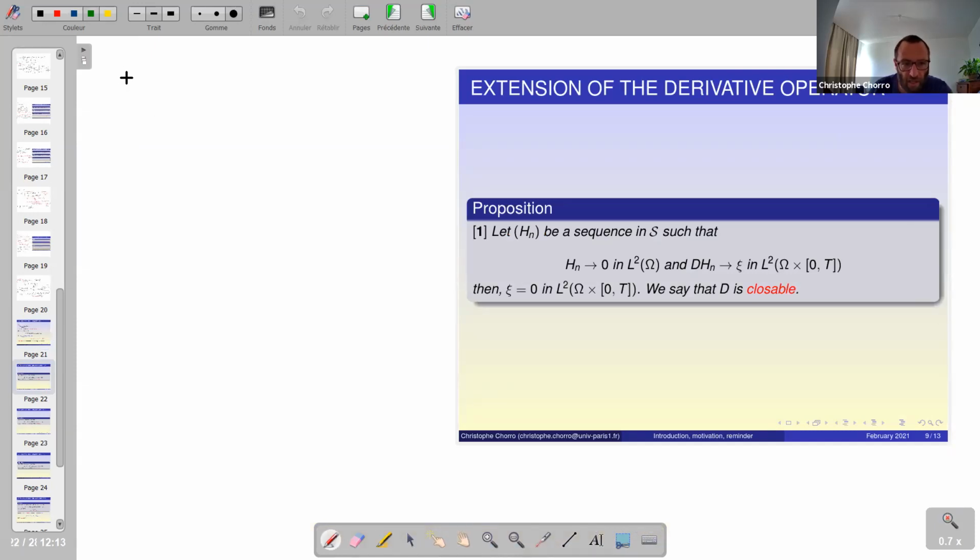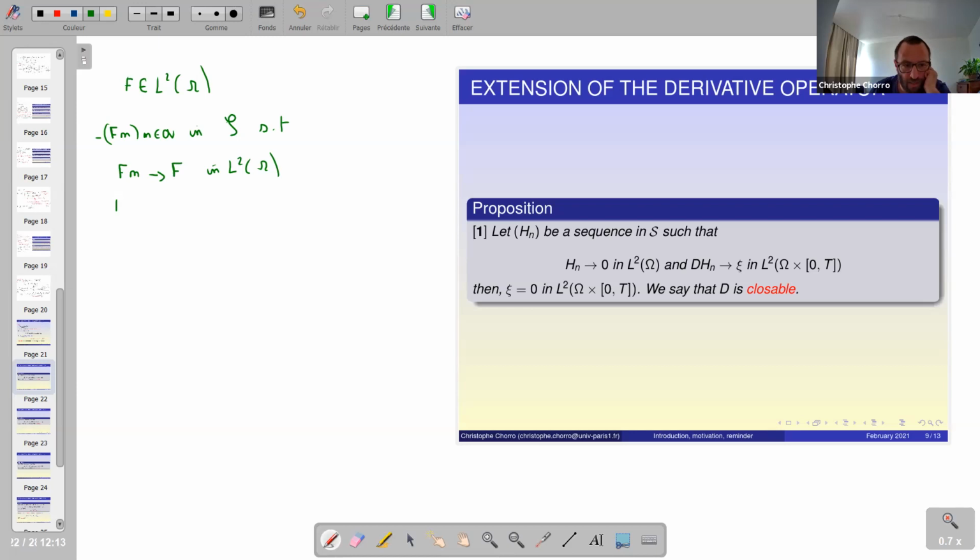You have f that belongs to L2 of omega. I suppose that I have a sequence Fn in S such that Fn is an approximating sequence. I have the right to consider this because of the density of S in L2 of omega.